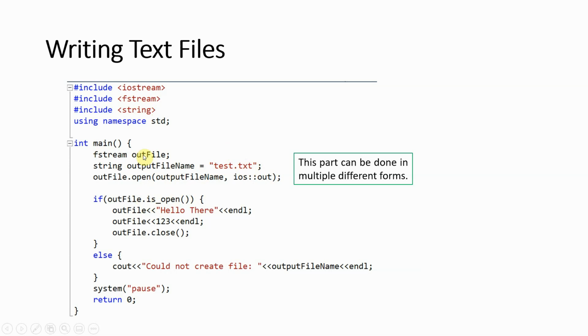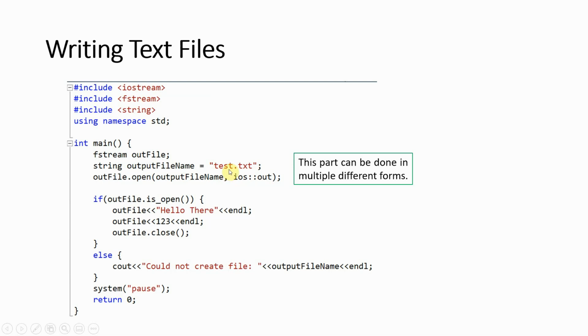Now, if we want to write anything to this text file, it's very similar to the format of cout. You just stream this string into the file, stream another integer into the file, and whenever you're done, you have to disconnect this object and this text file.